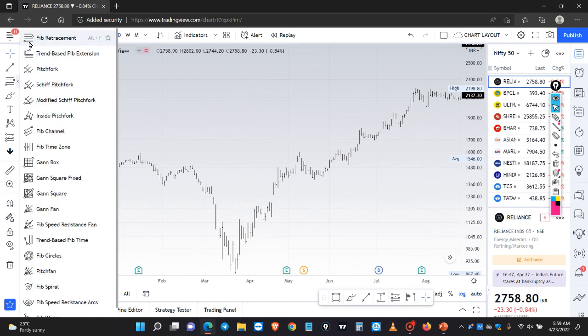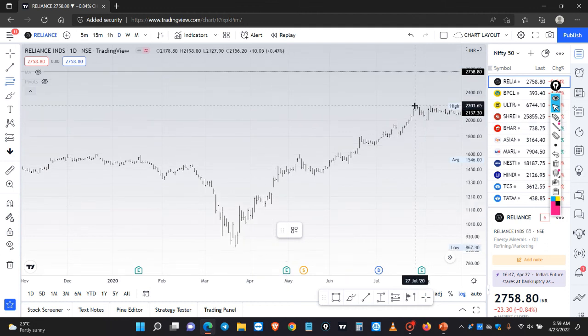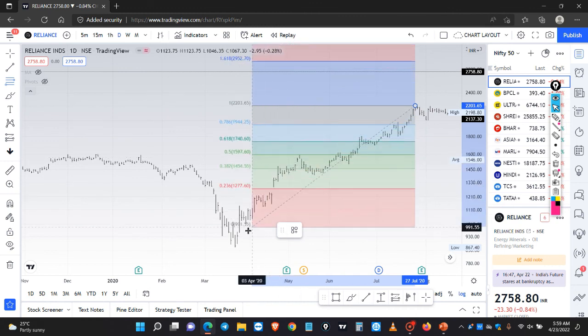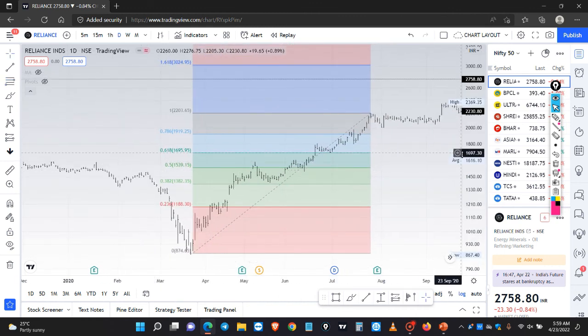Next is Fibonacci. Basically, how to use the Fibonacci. If you are on the long side, just plot it like this, on a swing.